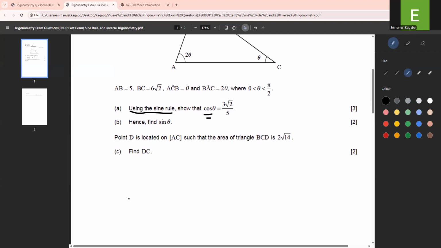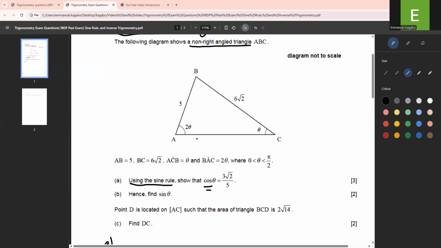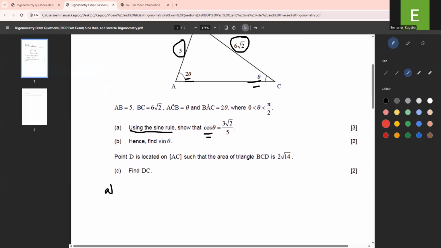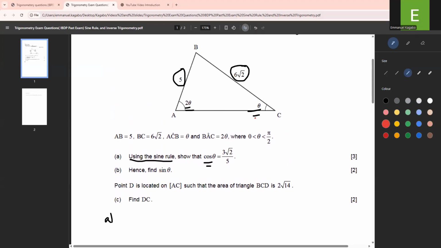Are you ready? Question A. Now, back to the question. We have two angles, and then we have two sides here as well. Now, if that's what we have, and we are asked to find cos theta, let's start. So let me start by this angle.